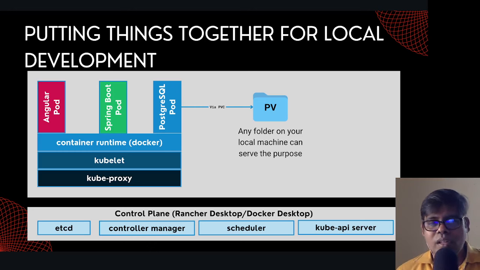In this video we are not going to do anything hands-on to configure this PV and all those things, but we are going to make a different video, part 2, to do all these things that we talked about today, like the Angular pod, the Spring Boot pod and the PostgreSQL pod, as a practical session in the next video.